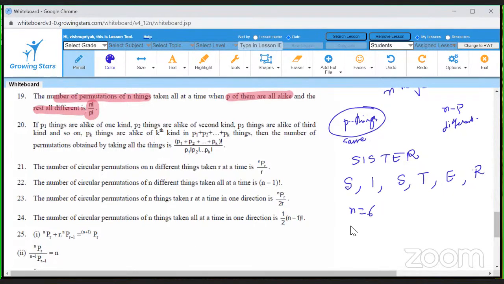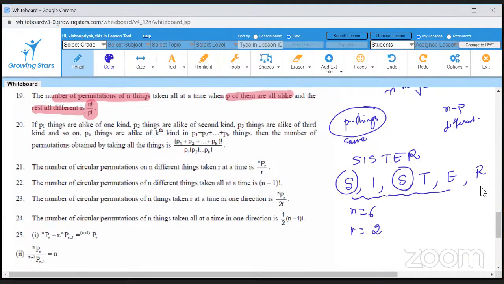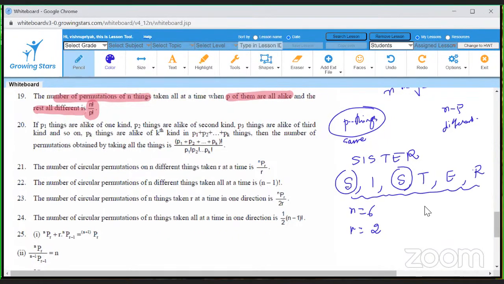Out of that, how many letters are repeating? How many letters are looking alike? S and S look the same. 2 letters are the same.